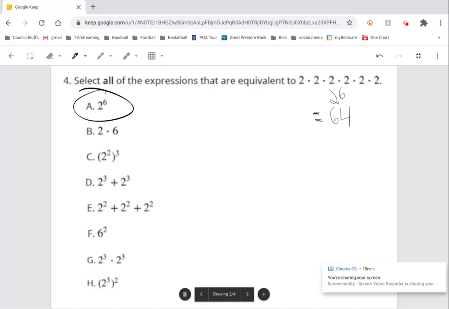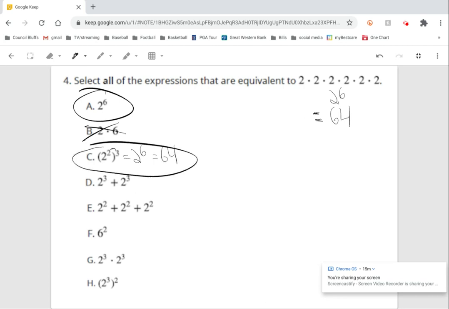Part B, 2 times 6 is 12. So B is out. This one here, if we use our exponent rules, by multiplying those exponents together, I end up with 2 to the 6th power, which we already figured out is 64. So C is an answer.